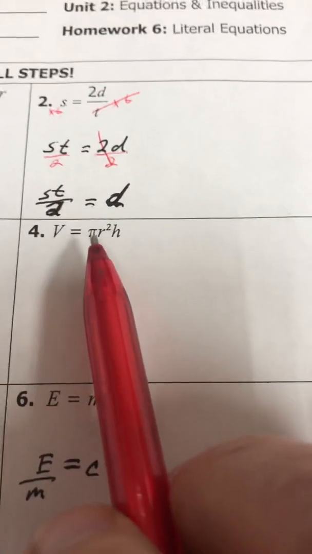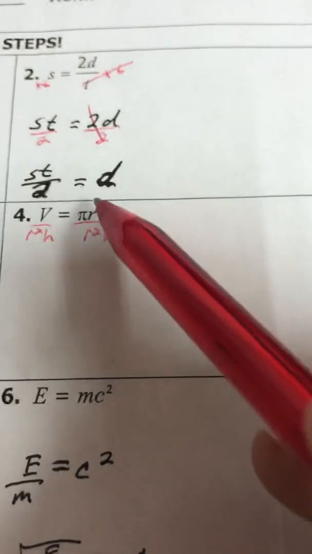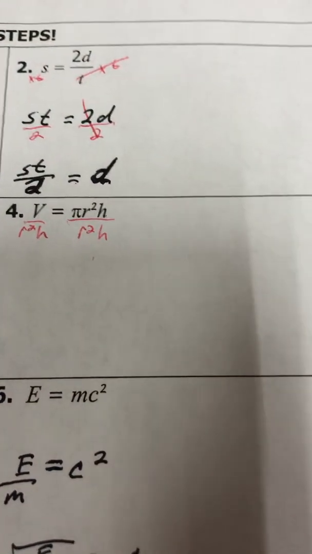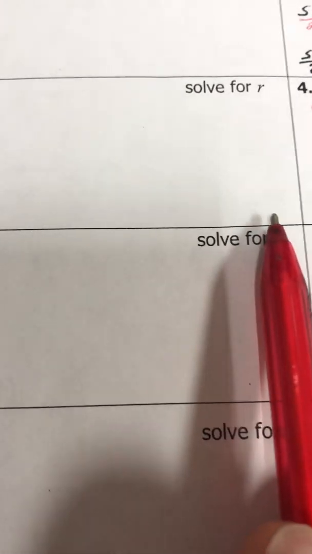And 4, solving for pi, you're just going to divide everything, just like number 3. You're going to divide everything that's with pi, so you're going to divide the r squared h, okay? And you'll have pi by itself then, and you'll just have this on the other side. And you'll be done.